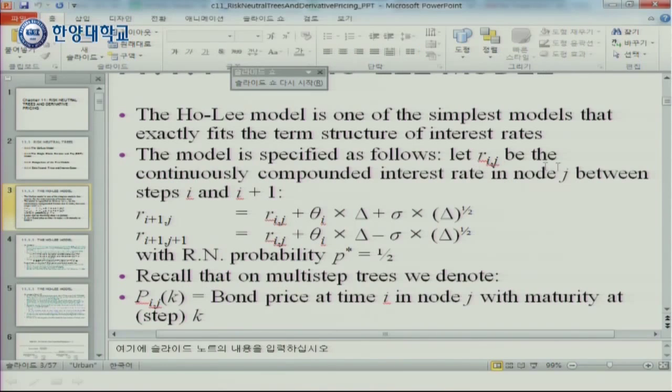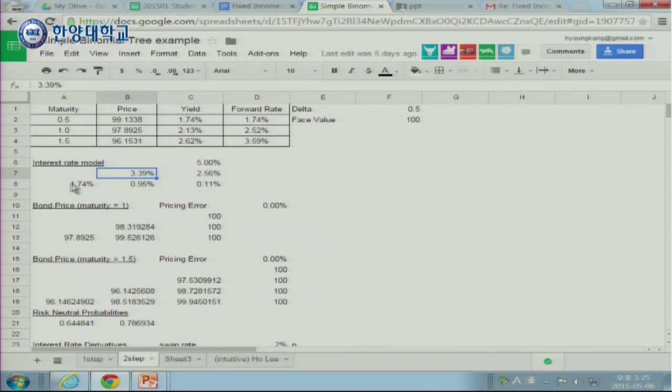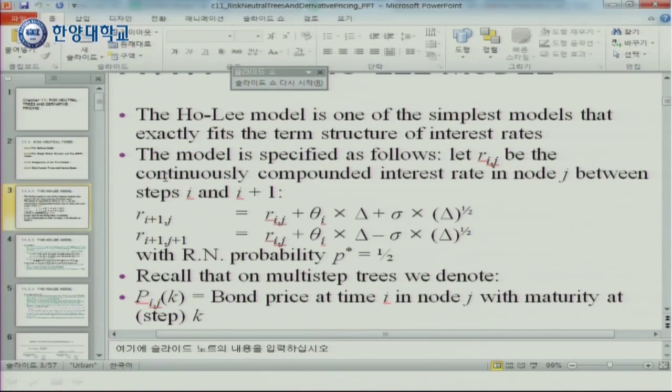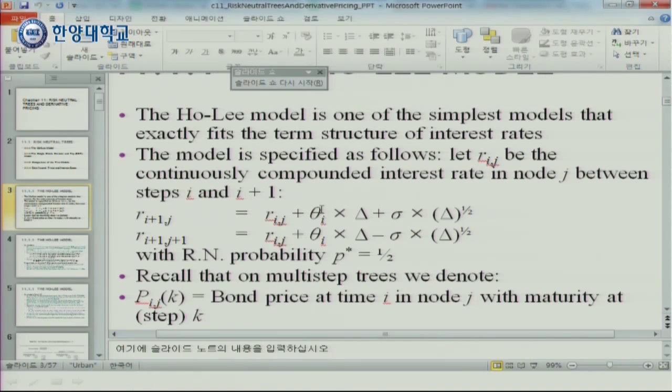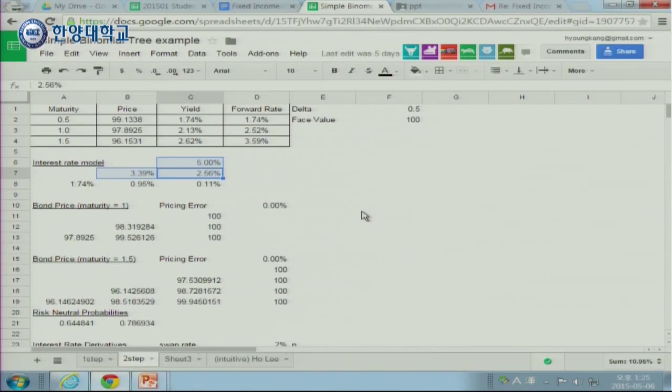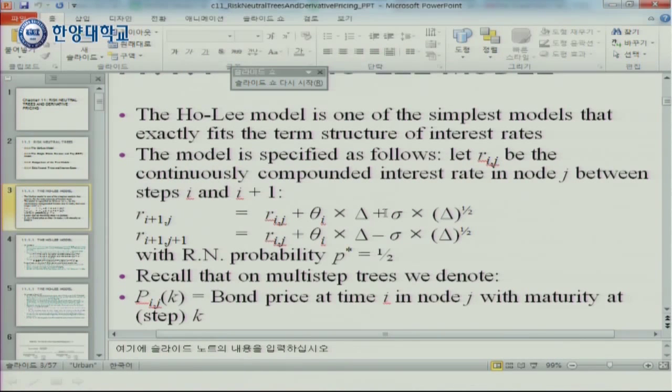So for example, this one is step 2, node 1, R21. Suppose R_ij is given, the next one is generated from this one by some sort of theta_i multiplied by delta, where in our model delta is 6 months, 0.5, plus sigma square root of delta.